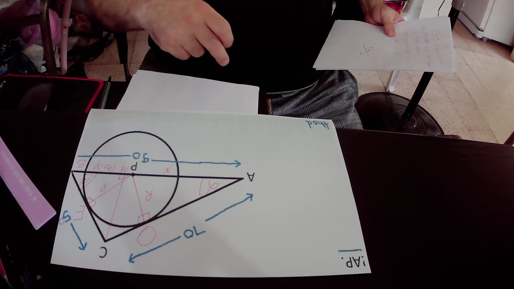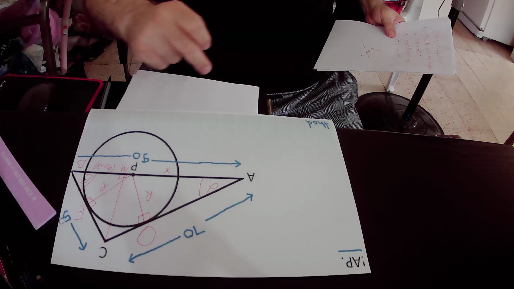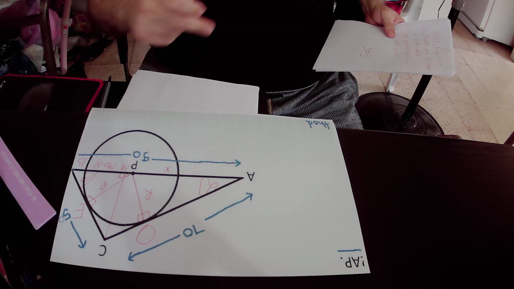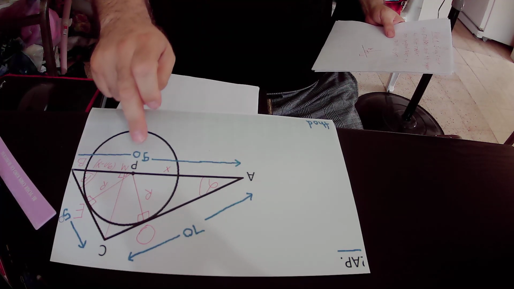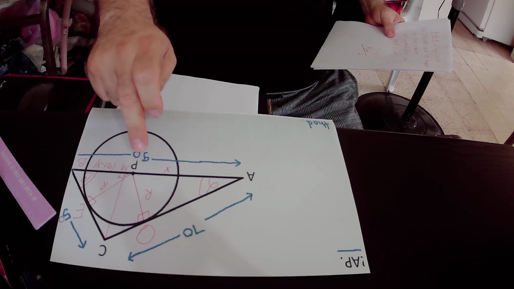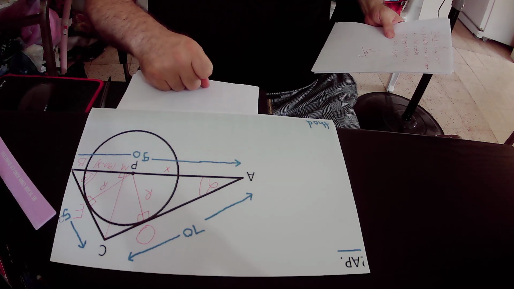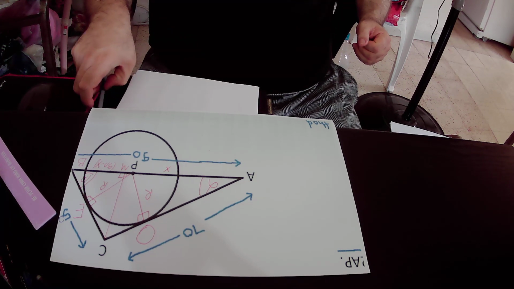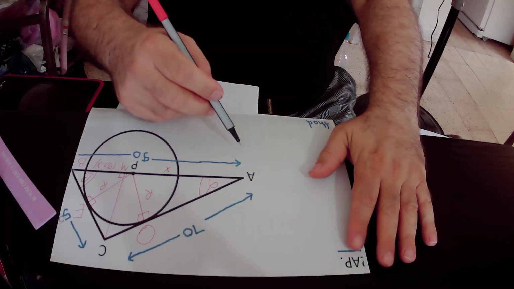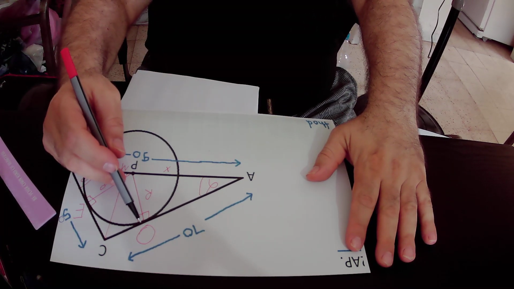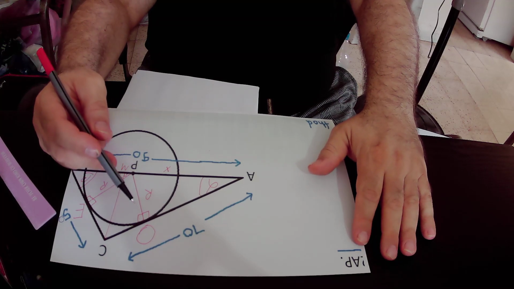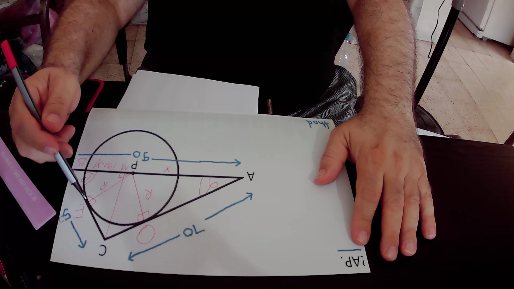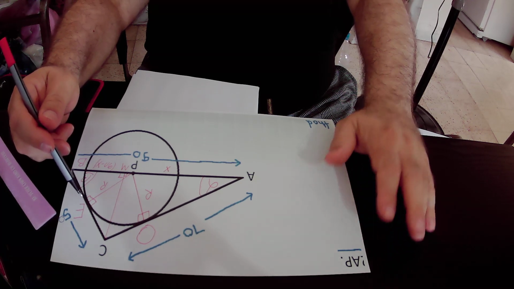And also we have a circle. The center of this circle is point P, and point P is situated on side AB of the triangle, and side AC of the triangle is tangent to the circle at point O, and side CB of the triangle is tangent to the circle at point E.